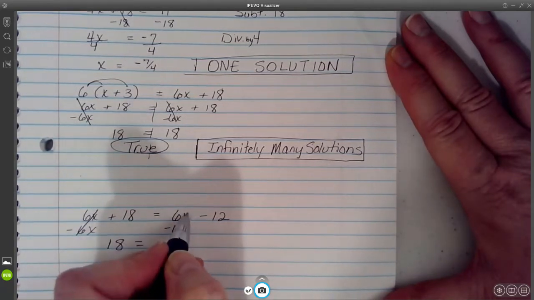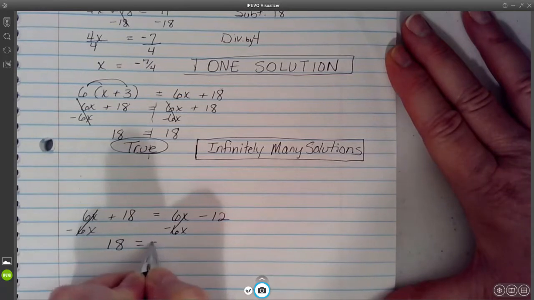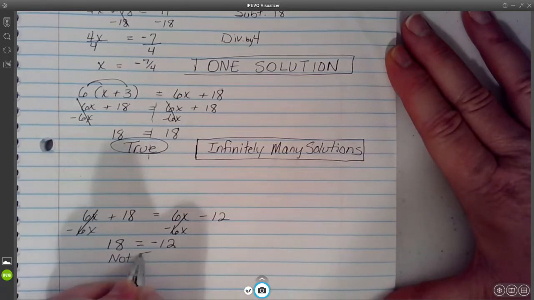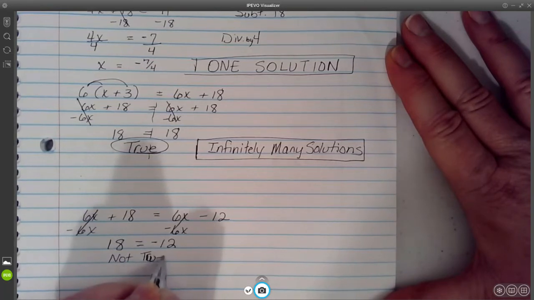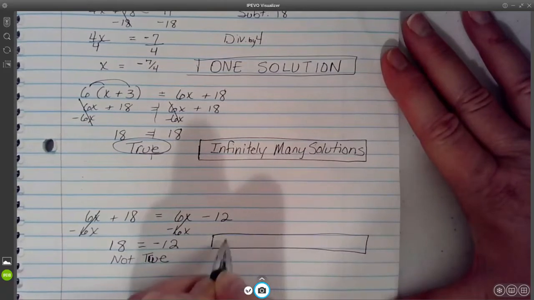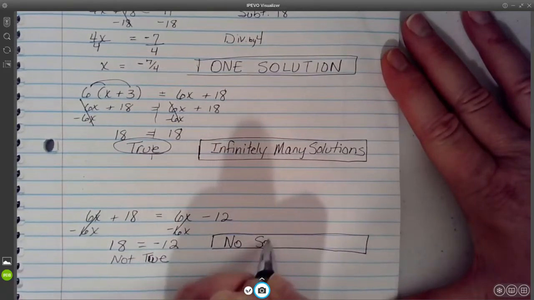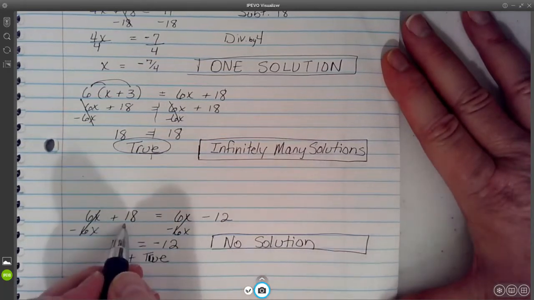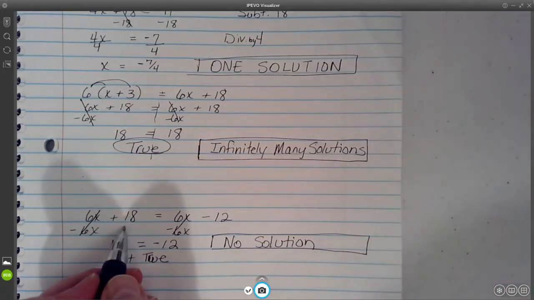And on this side, it cancels, which I wanted it to do. And I have 18 equals negative 12, which is not true. If it is not true, then you have the third type of solution, which is no solution. What that means is I can go back to this original problem and I can put anything in for x, and nothing will work to get both sides equal.